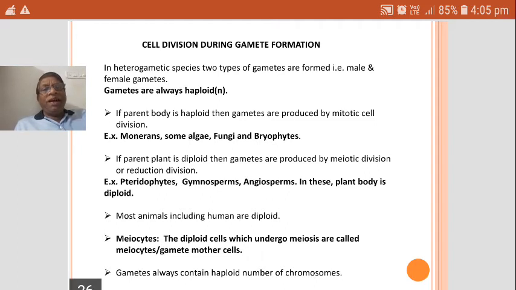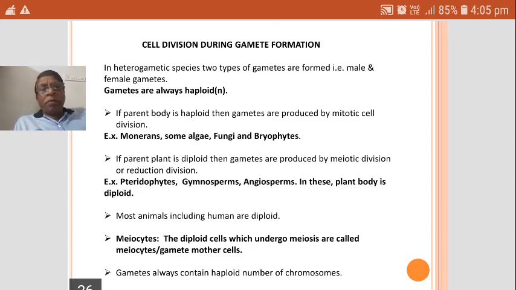The female gamete is called egg or ovum. Okay. So during sexual reproduction, two types of gametes are formed in heterogametic species.